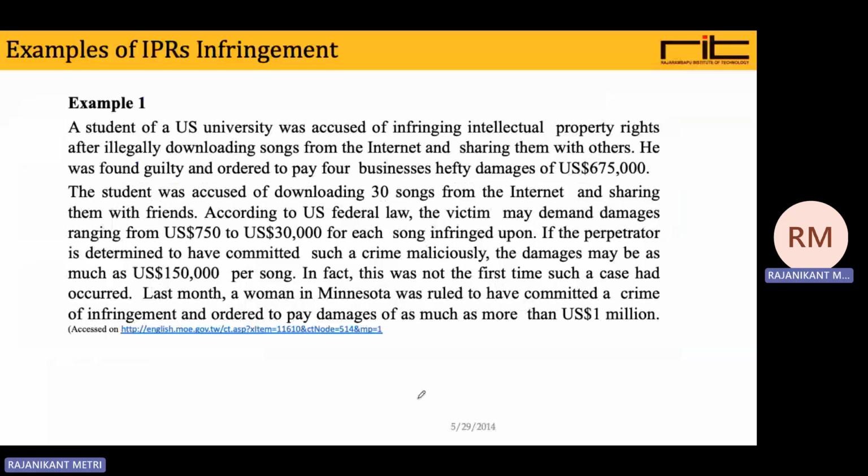He was found guilty and ordered to pay damages of US dollars 675,000. The student was accused of downloading 30 songs from the internet and sharing them with friends. According to US federal law, the victim may demand damages ranging from US dollars 750 to US dollars 30,000 for each song infringed upon.